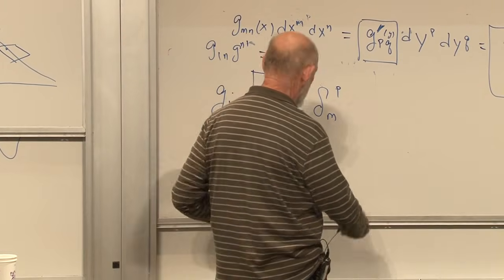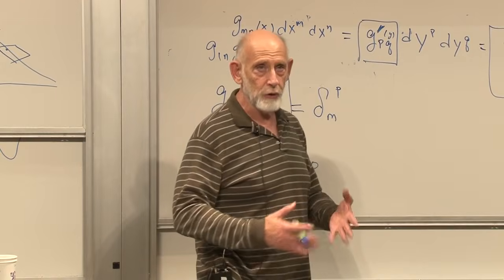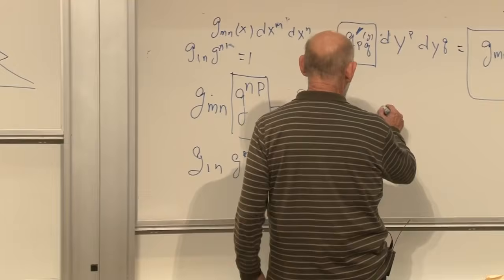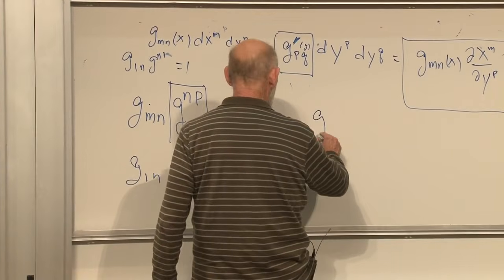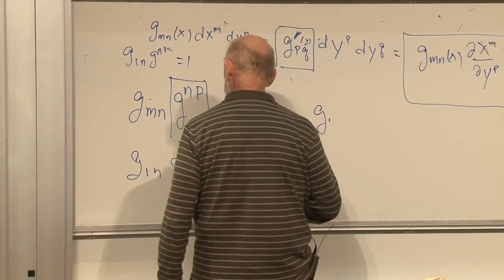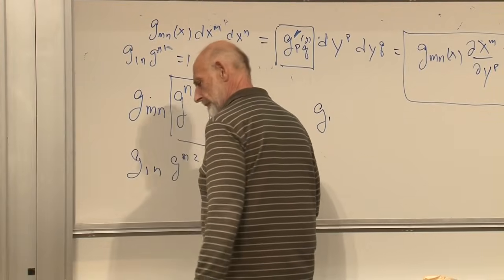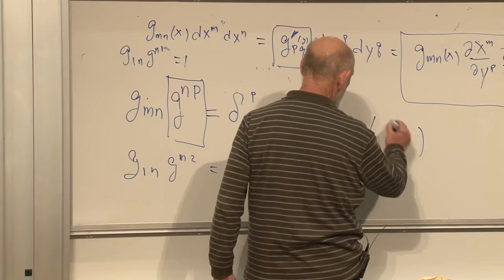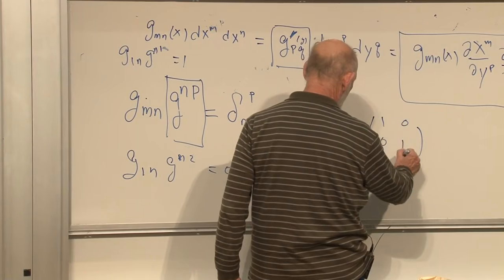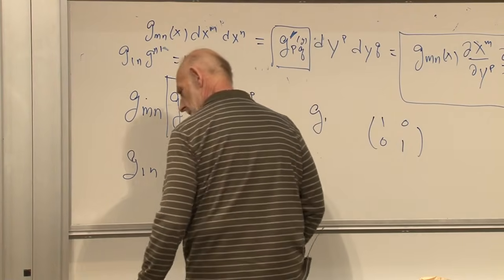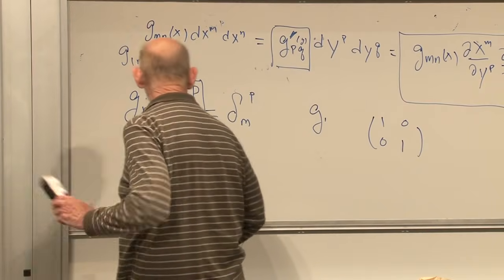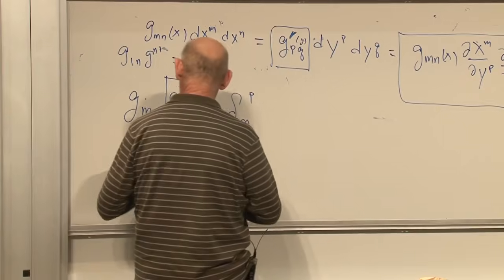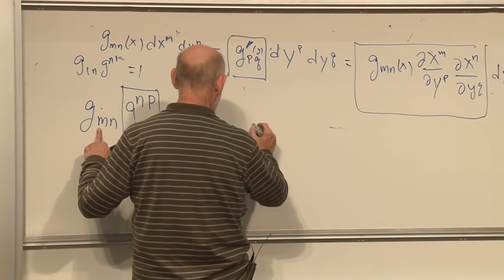All right, so let's write it out. Let's write it out for 2 by 2, a two-dimensional space. The right-hand side is the matrix 1, 0, 0, 1. Okay? Let's actually do it. This is going to be a pain in the neck, but let's write it out.